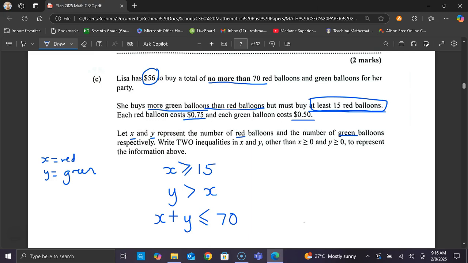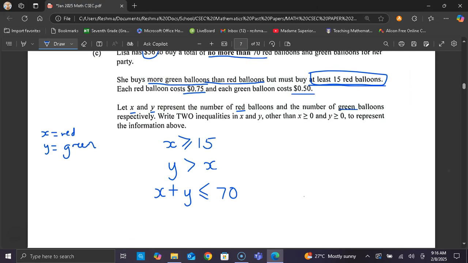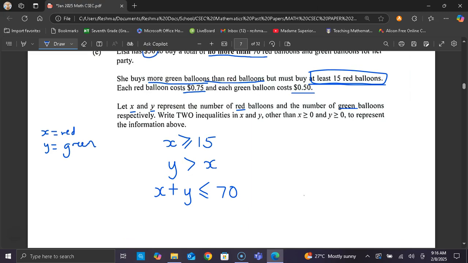So that's another inequality. And the fourth inequality has to do with the cost. She has $56 to spend, and each red balloon costs 75 cents and each green balloon costs 50 cents. So if I multiply the cost of each red balloon times the number of red balloons and add that to the cost of each green balloon times the number of green balloons, that should be less than or equal to the total amount of money that she had to spend, which is $56.